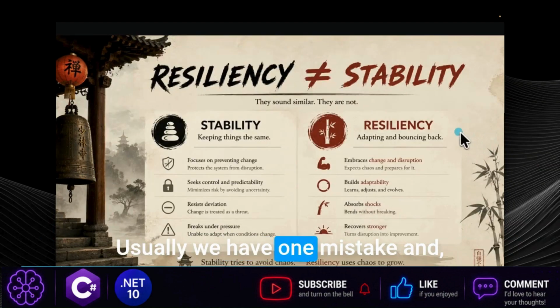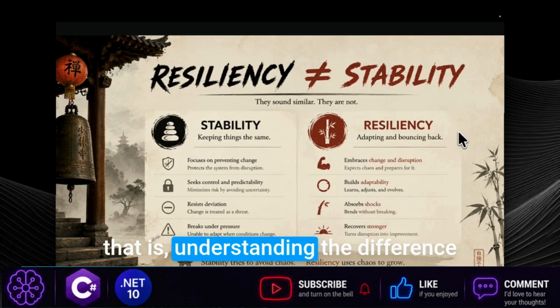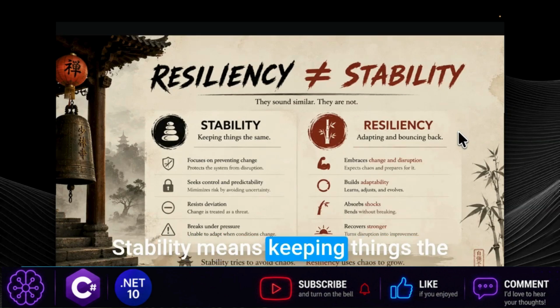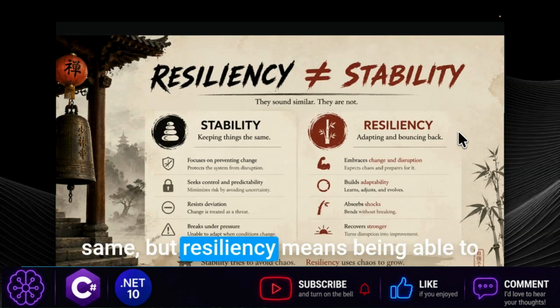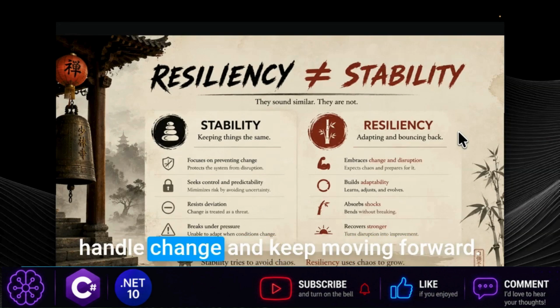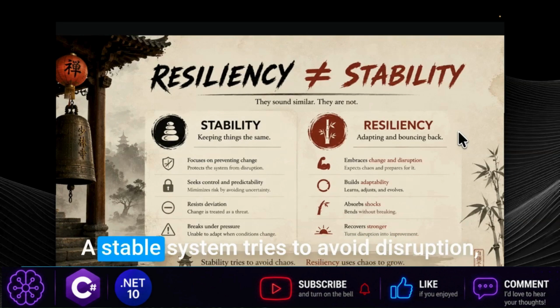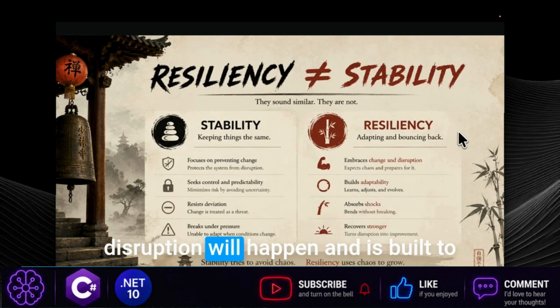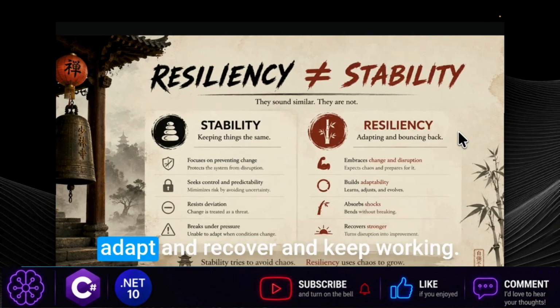Usually, we make one mistake, which is not understanding the difference between resiliency and stability. Stability means keeping things the same, but resiliency means being able to handle change and keep moving forward. A stable system tries to avoid disruption, but a resilient system assumes disruption will happen and is built to adapt, recover, and keep working.